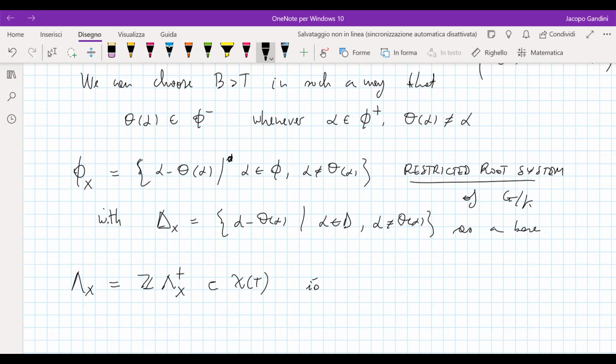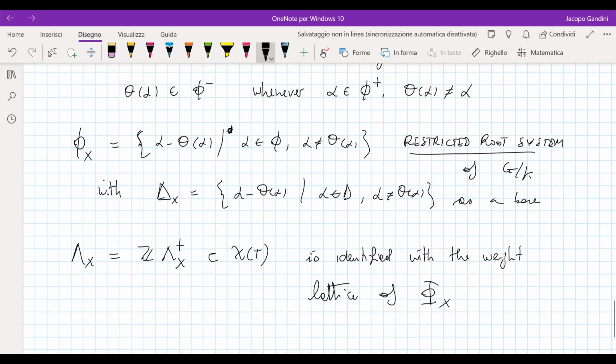And this is identified with the weight lattice of the restricted root system, as I mentioned before.